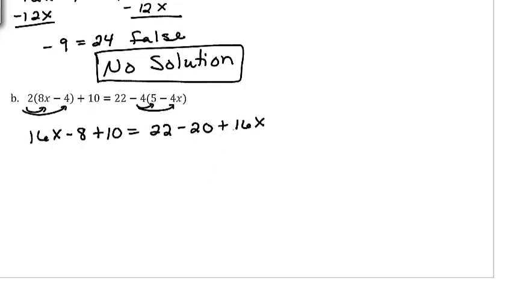So again, we have negative 8 and positive 10, so that's 16x plus 2. And we have 22 minus 20, which is 2, and then plus 16x.